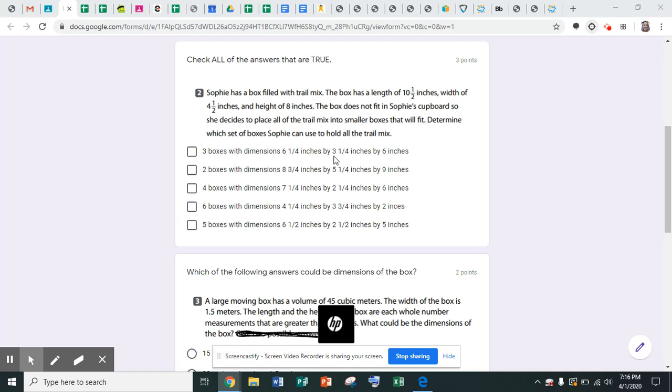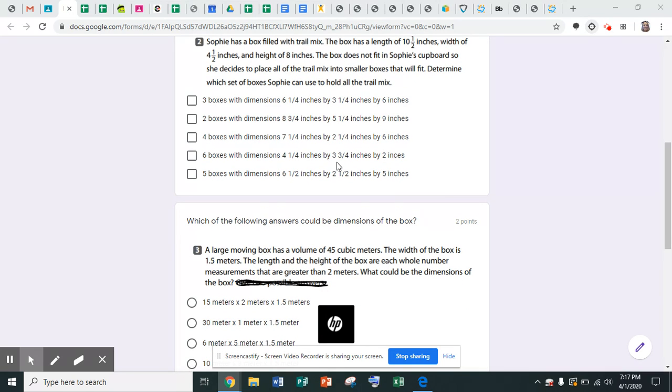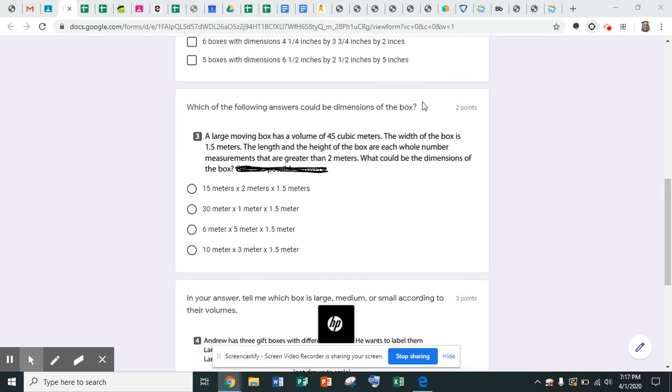Now remember, when you're multiplying fractions, you have to take these mixed numbers and turn them into improper fractions. And then when you multiply fractions, you multiply straight across. And whole numbers automatically have a denominator of 1. So you can multiply all three of these together, and then you can always multiply them by the number of boxes to figure out how much it is.